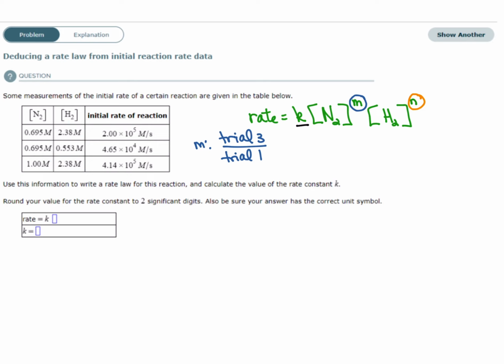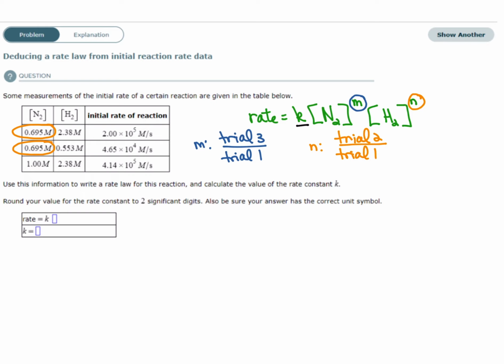For us to solve for N, I want to make sure the concentration of N2 cancels out. So I'm going to work with trial 1 and trial 2. Trial 2 has a larger rate, so I'm going to divide trial 2 by trial 1.